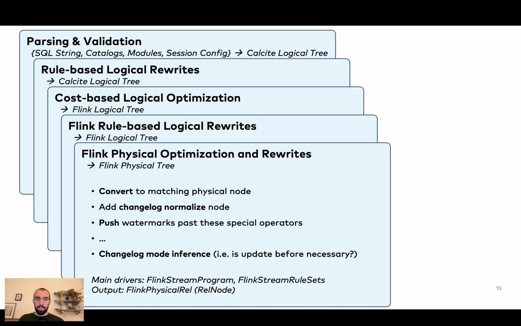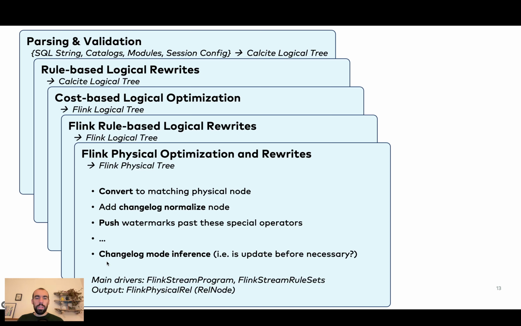Like changelog normalize and also tracking the changelog modes from source to sink through all the operators. So for example, if we add a changelog normalize right after the source, it might still be necessary to push a watermark past these special operators. So for example, a watermark through changelog normalize.